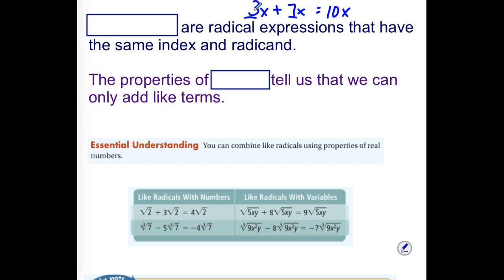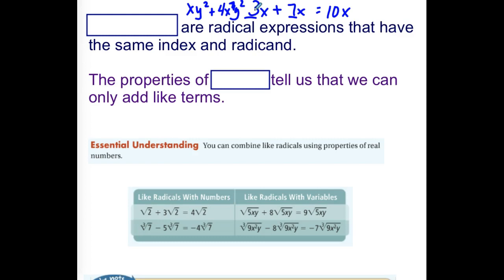For example, if I had xy squared plus 4xy squared, could I put those two together? Can I combine xy squareds with xy squareds? Yes. We are going to be doing similar things but with radical expressions instead.